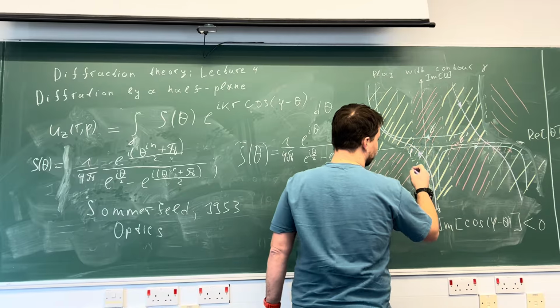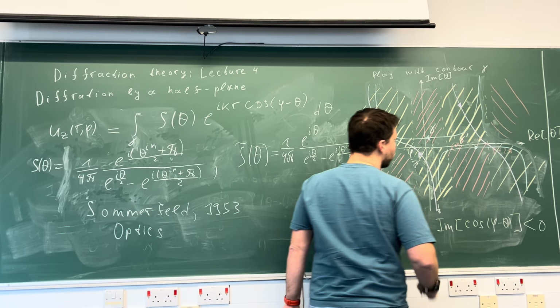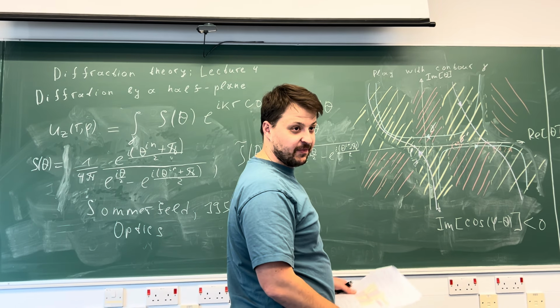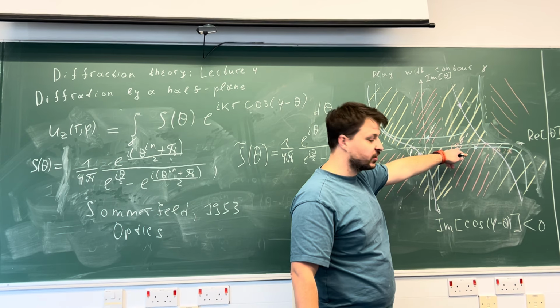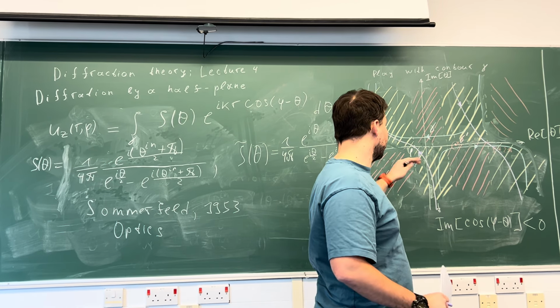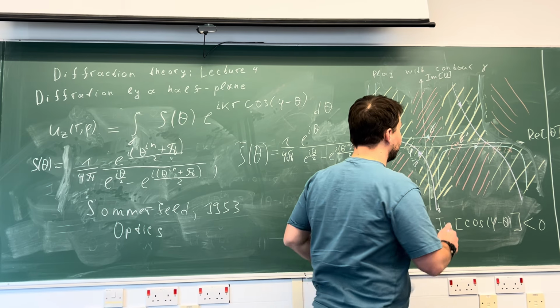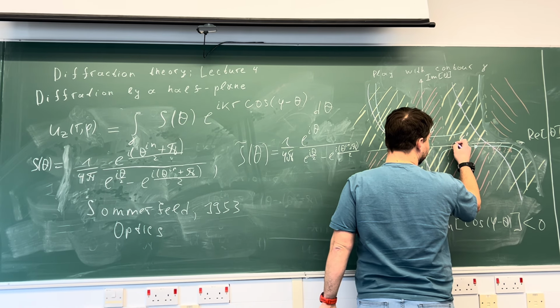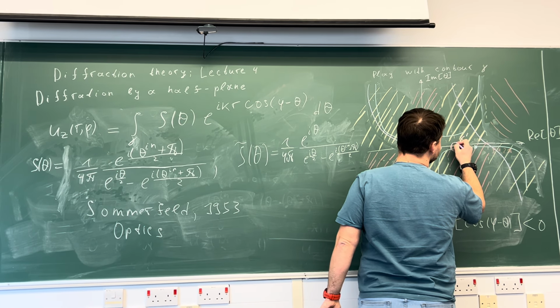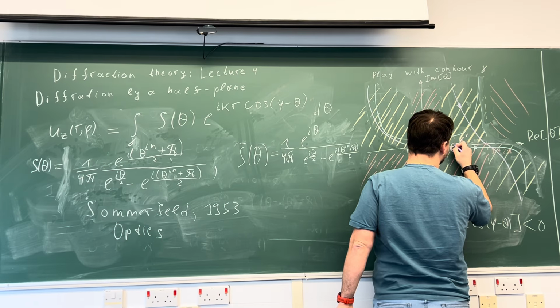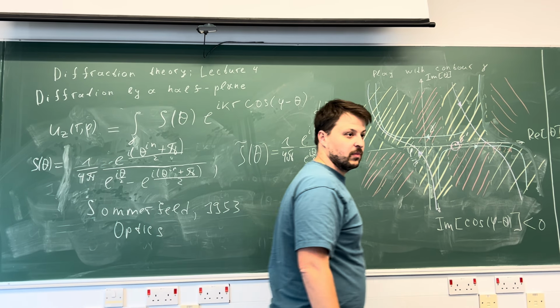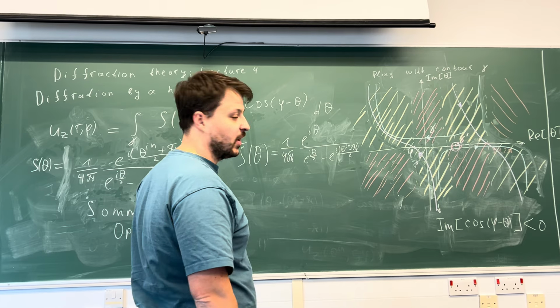So this is still the same contour. The only thing that might have happened is that we might have crossed this pole. So these two contours are equivalent, plus, for this particular picture, an additional pole.